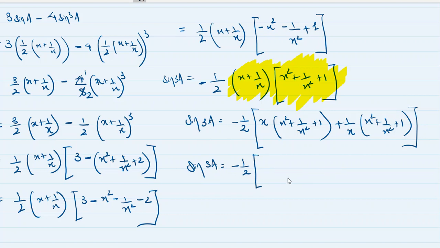Okay, so on simplification you get x cube plus, over here you get x multiplied by 1 by x square. Okay, there is one small mistake I have made. I have taken out minus common, so this plus 1 will become minus 1, over here also and over here also.